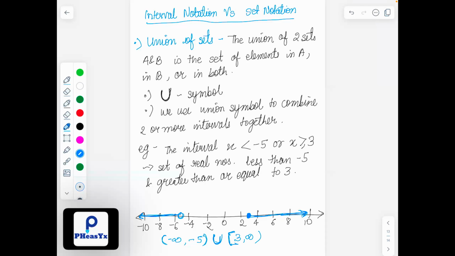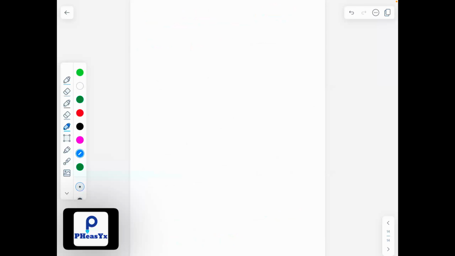Now let's understand what is set notation. Set notation is a flexible, but we can say slightly more complicated way of writing down sets.